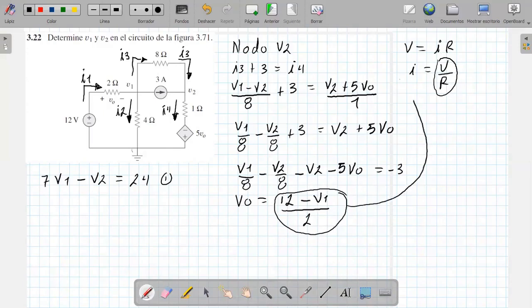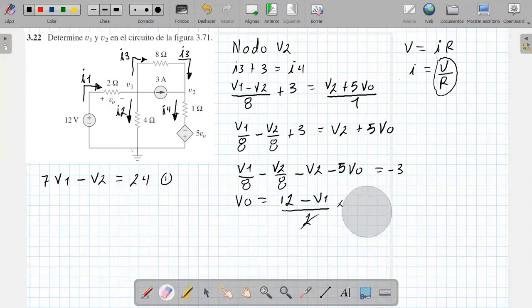But this is current. I need voltage. To have voltage I have to multiply it by the resistance, which remains the same 2 ohms. So I have to multiply by 2 again. This cancels it out. So we observe that the voltage B sub 0 is only 12 minus B1.